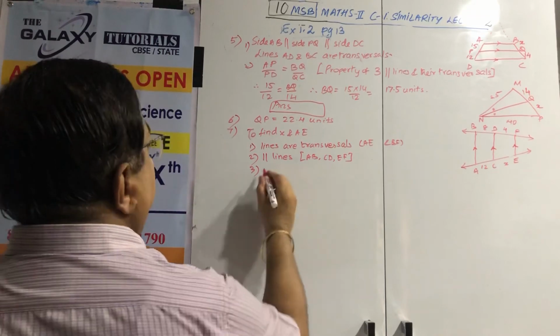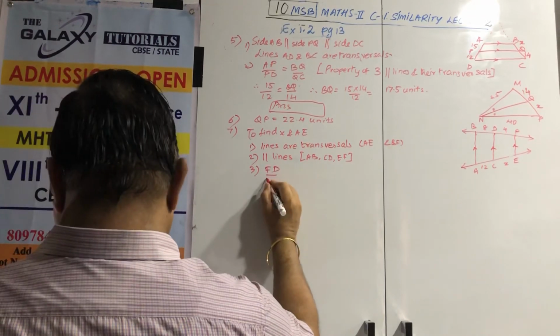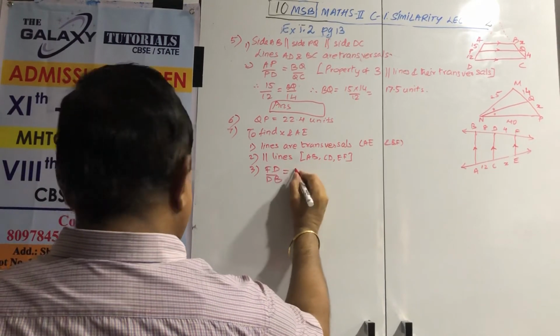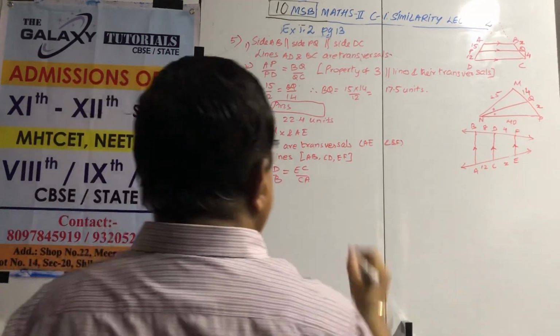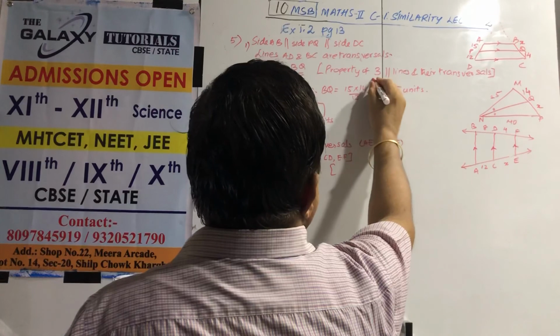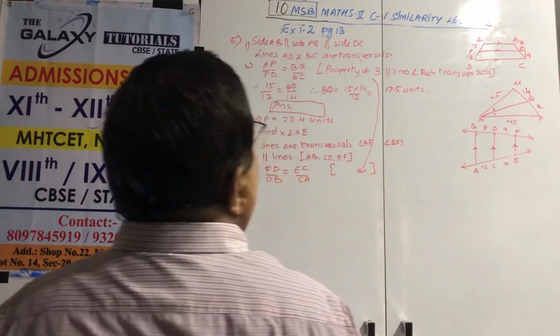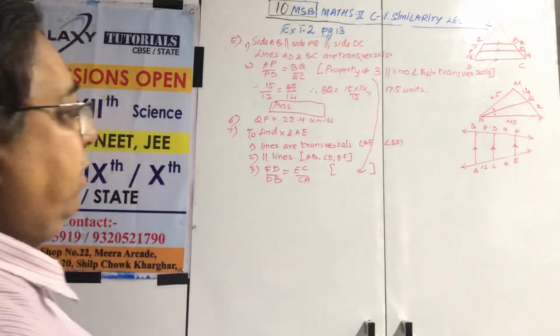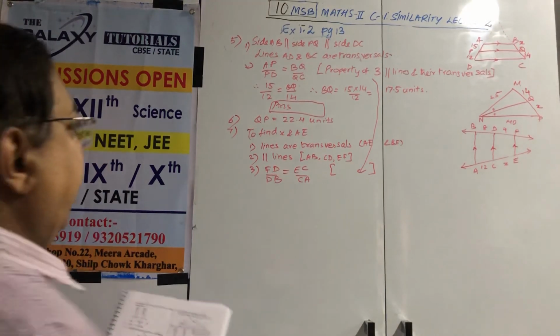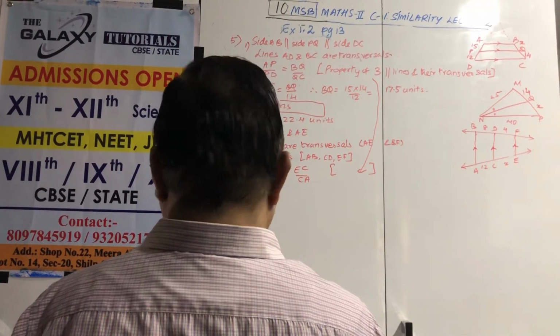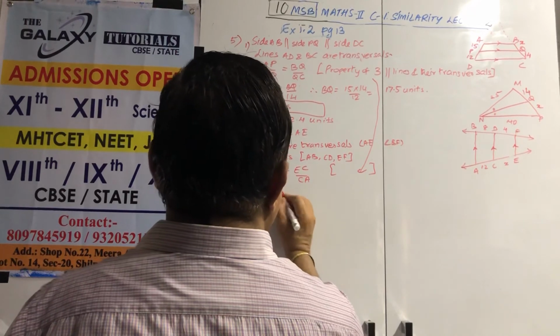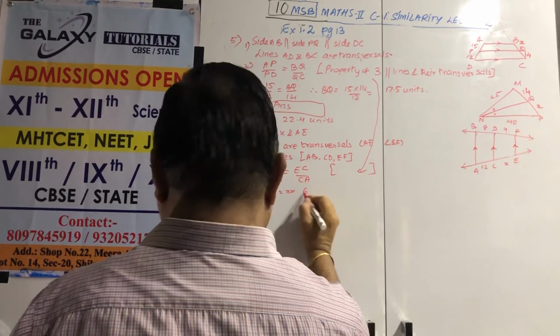So we will have FD upon DB is equal to EC upon CA. And you will write the reasons, same property of 3 parallel lines and their transversals. And from here you will get EC, that is X, is 6 units.